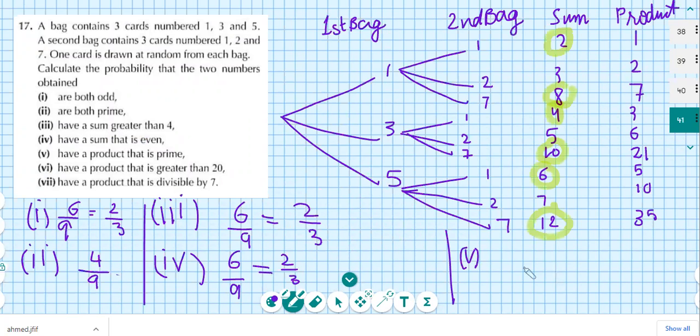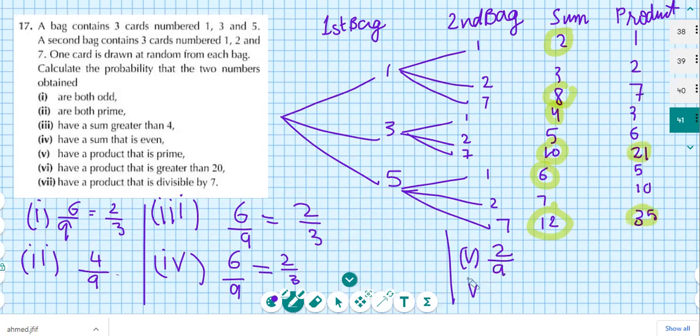So these are the products. The products greater than 20 are the first and second. So there are 2 products greater than 20, so 2 over a total of 9.